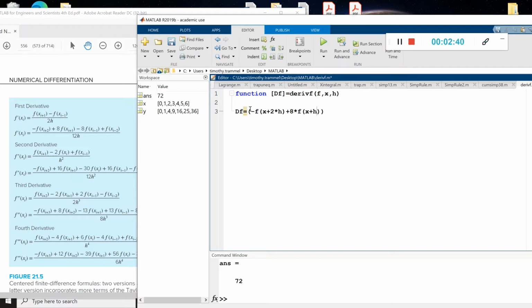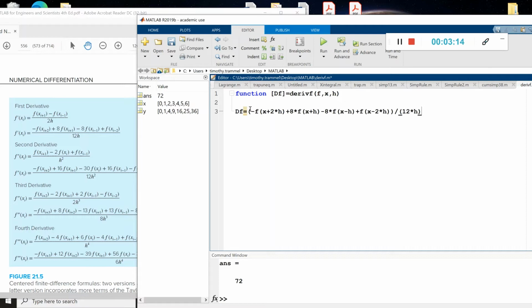We're only 1 x away now. And then minus 8 times the function at x minus h. And then finally, the last one is plus f of x minus 2 times h. And we want to take this and divide this all by 12h.